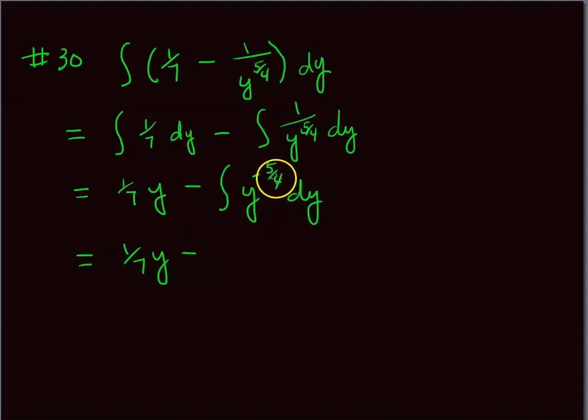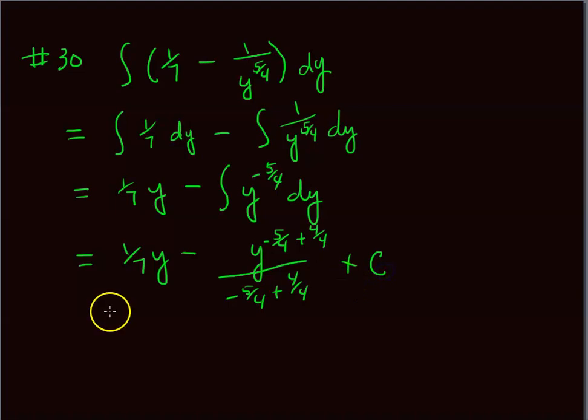Well, remember, you add 1, so it's negative 5/4 plus 1, which I'm going to write as 4/4, and then divide by the new negative 5/4 plus 4/4. And then, of course, plus c.